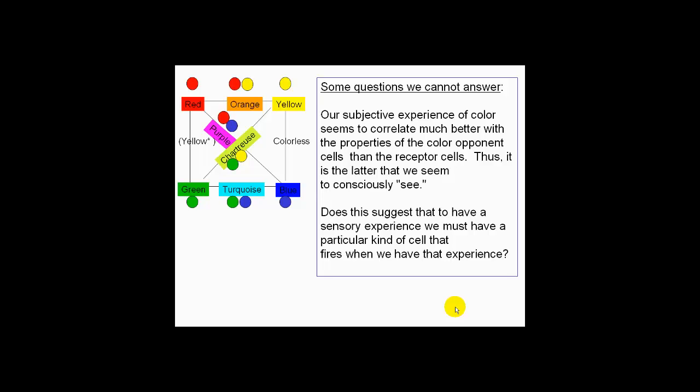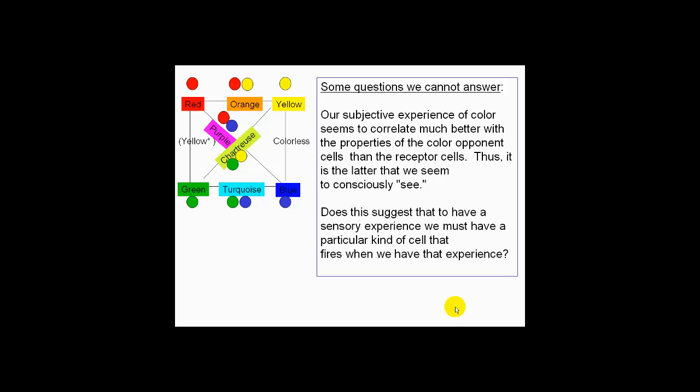One question is, our subjective experience of color seems to correlate much better with the properties of color opponent cells than receptor cells. Thus it's these that we seem to see. So our minds, as it were, don't look directly at our receptors.